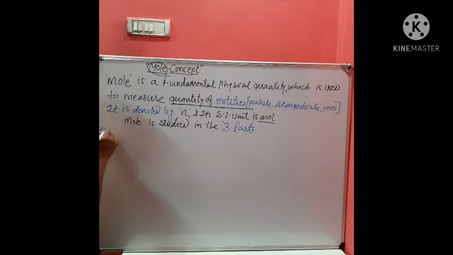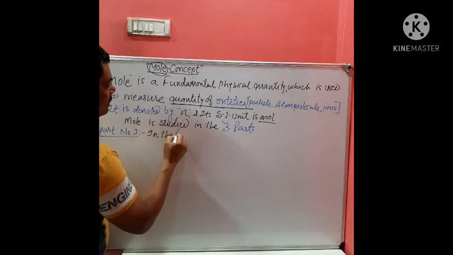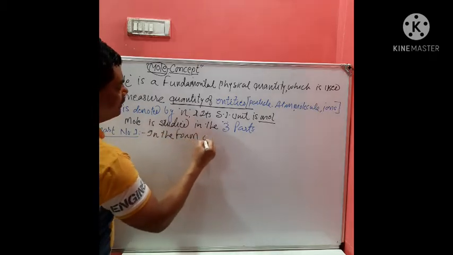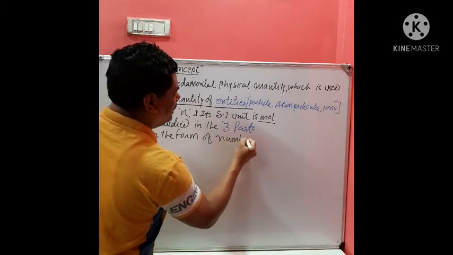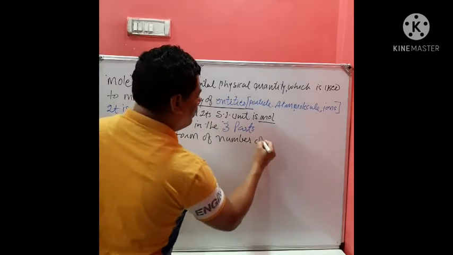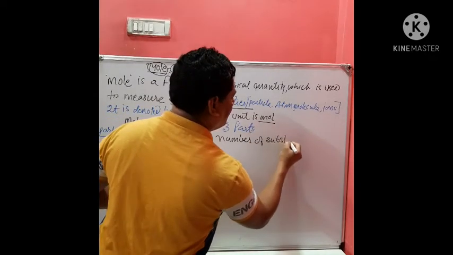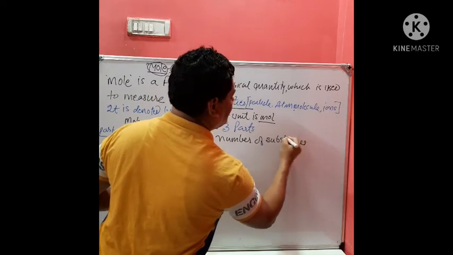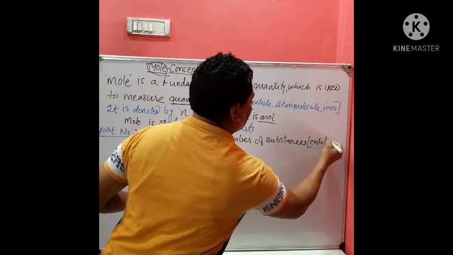Part number one: in the form of number of substances, you can say entities.